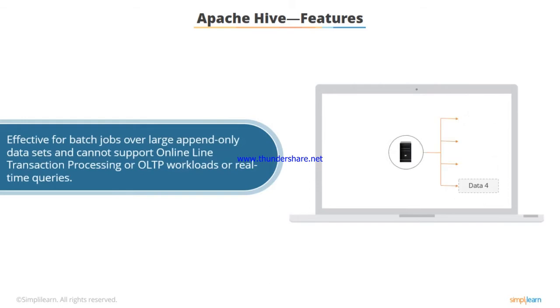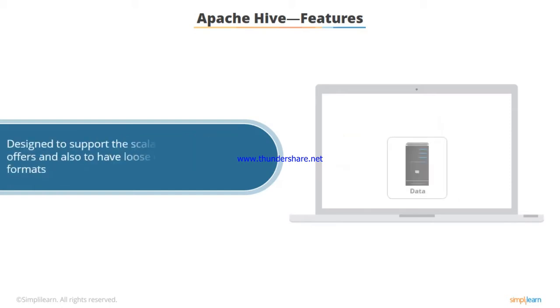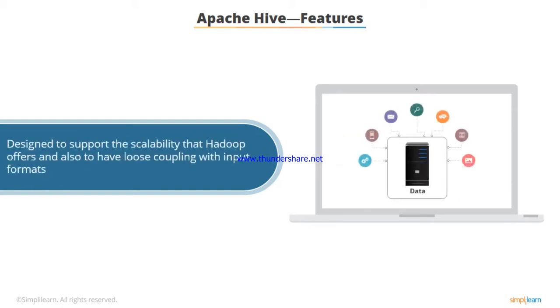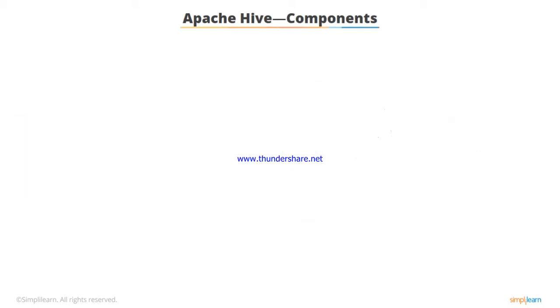Effective for only batch jobs over large, append-only data sets, and cannot support online transaction processing or OLTP workloads or real-time queries. Designed to support the scalability that Hadoop offers, and also to have loose coupling with input formats.